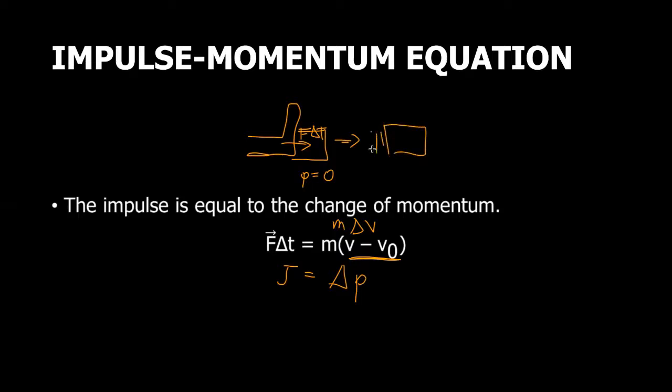May motion nang nangyayari sa kanya. And that motion has a momentum P equal to the mass and its velocity, which is equal to the impulse that you applied upon that object. Okay? So, yan yung impulse momentum equation.